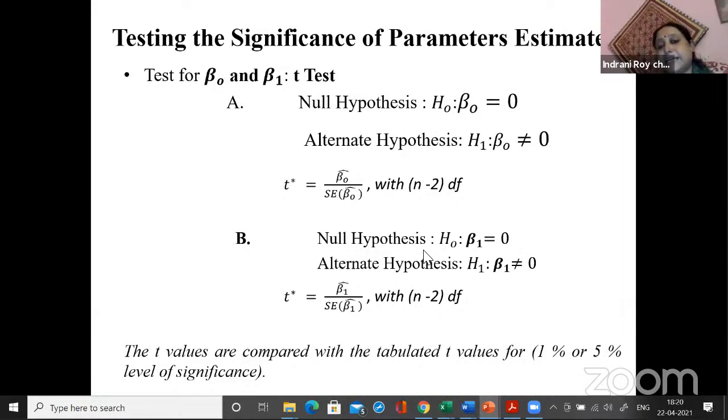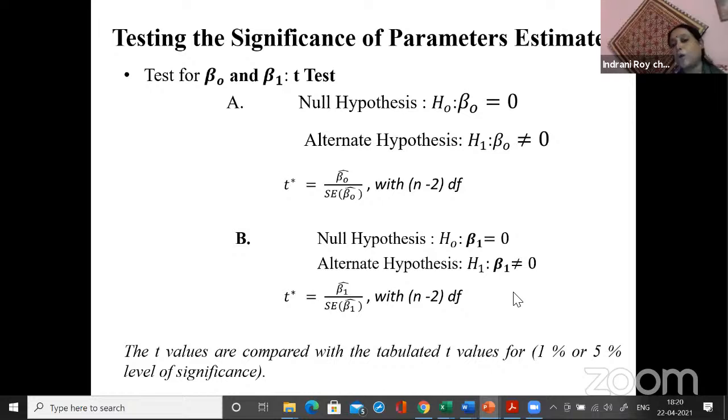That is the essence of the null hypothesis: once you put beta 1 equal to 0, you claim that y and x are not causally related. Through the alternative hypothesis, you refute the claim made in the null, so you say that beta 1 hat is not equal to 0.